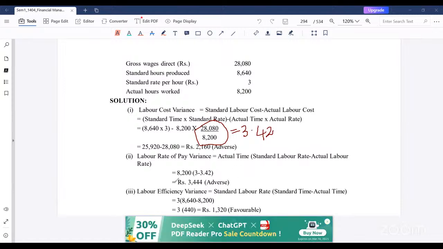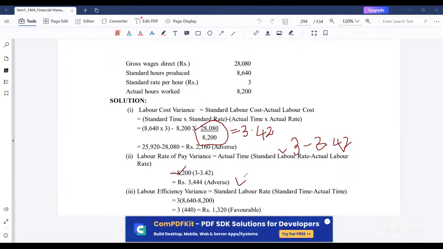Here we use the actual time of 8,200. Standard labor rate of 3 rupees minus actual labor rate of 3.42. It's incurring more, so again you get adverse: 0.42 into 8,200, 3,444 is the adverse labor rate variance.